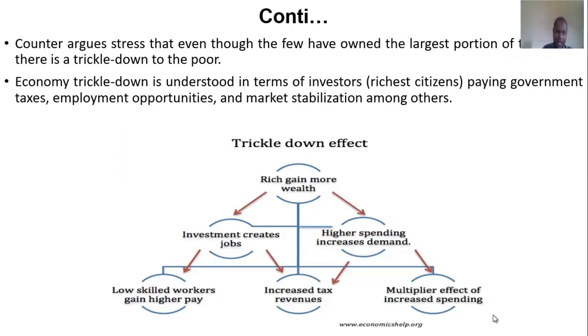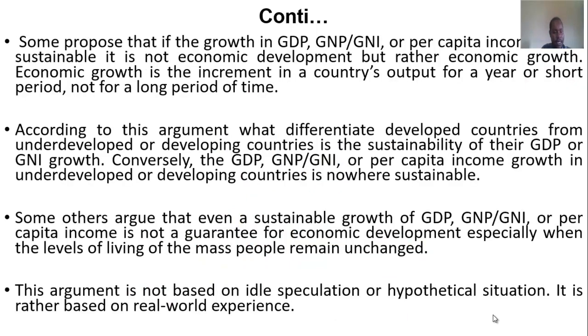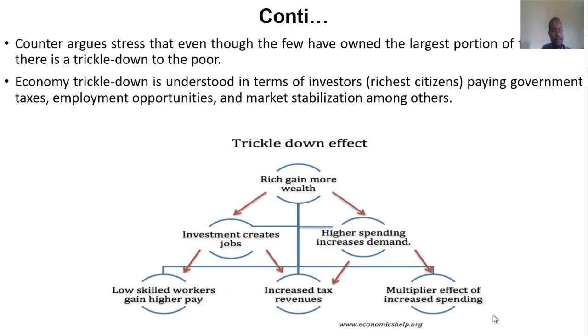But there is another short point of argument, and arguers in this category say that even though the resources of the country are controlled by the few, still there is no problem, because the wealth will drop to the poor.